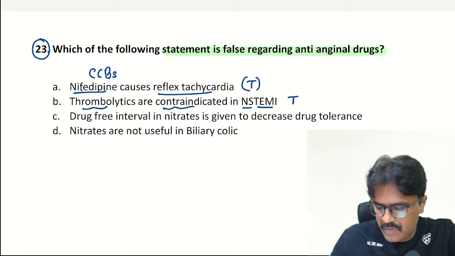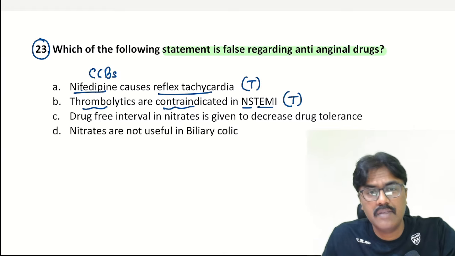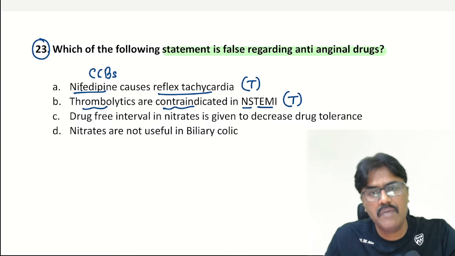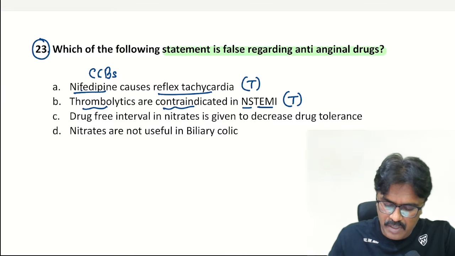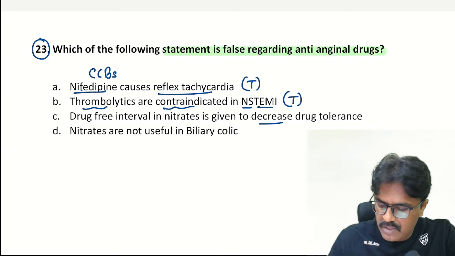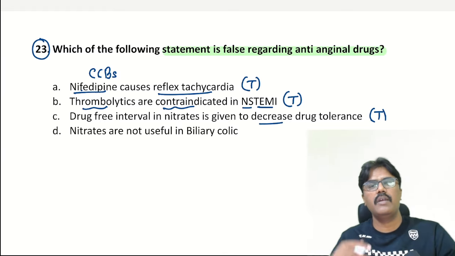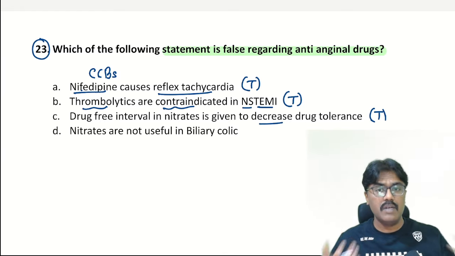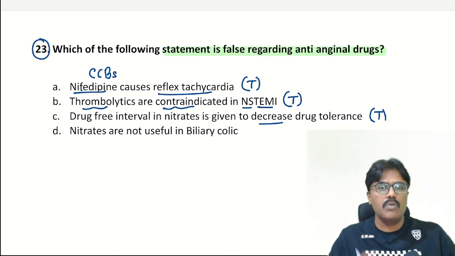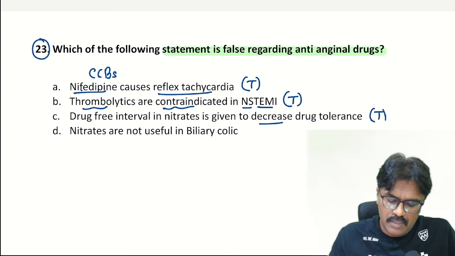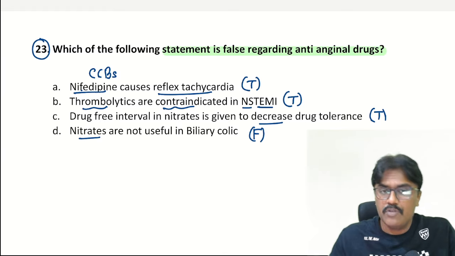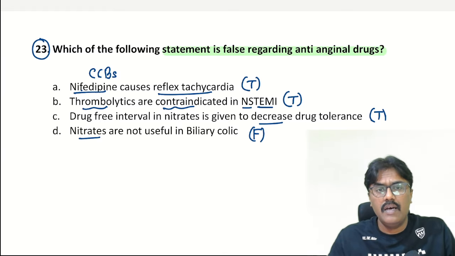True. We don't give thrombolytics in non-ST elevation MI, but we can use them in ST elevation MI. A drug-free interval with nitrates is given to decrease drug tolerance. Yes, true. When we give nitrate repeatedly, the drug may not work. That is called tolerance. To avoid tolerance, we give drug-free intervals. The last one is nitrates are not useful in biliary colic. False. Nitrates are useful in biliary colic because they are smooth muscle relaxants.